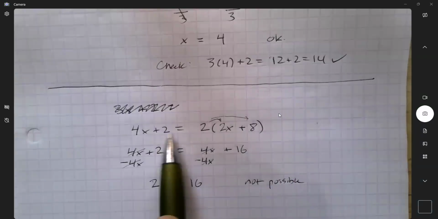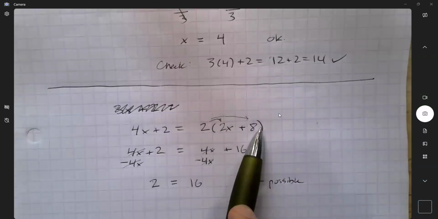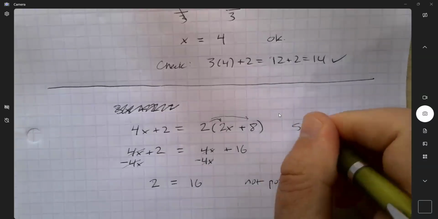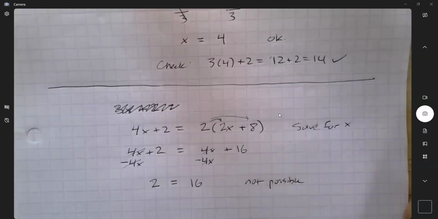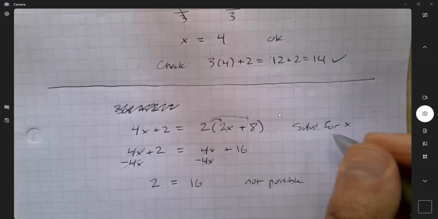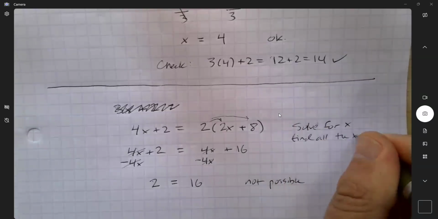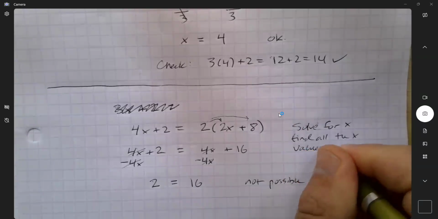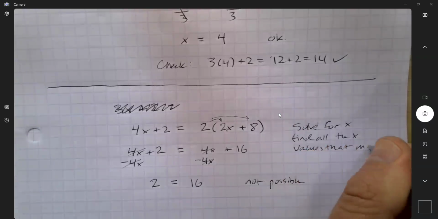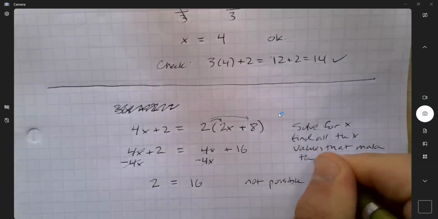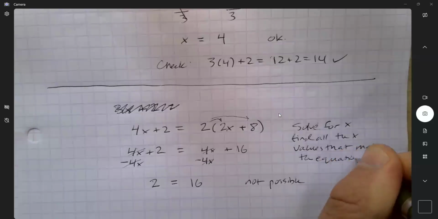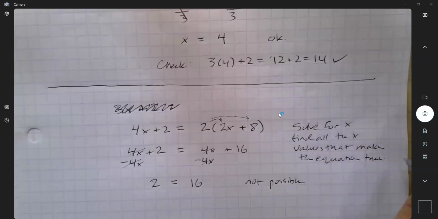So I got an equation and I was asked to solve for x, which is a mathematical way of saying find all the x values that make the equation true. Well, that equation 2 equals 16 is never true.